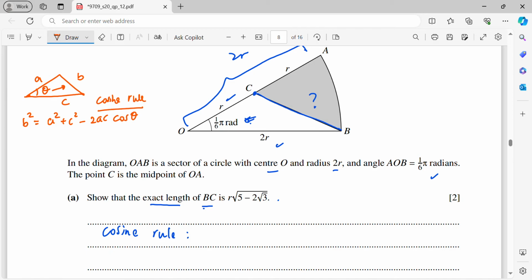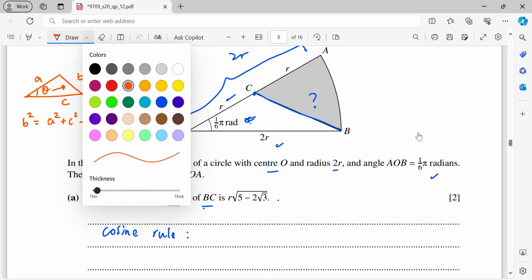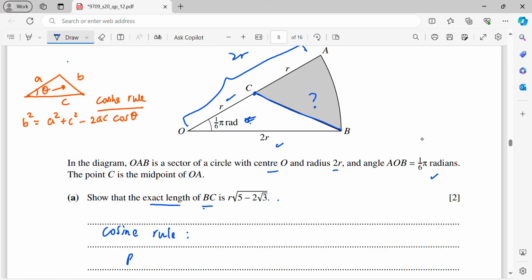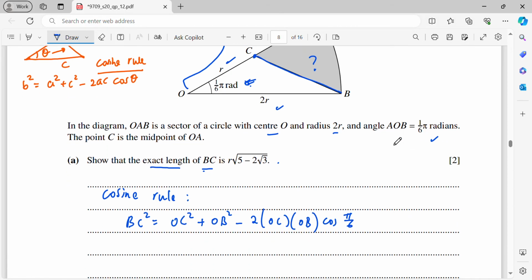Right? So that means here, I will just write BC squared equals to OC squared plus OB squared minus 2 of OC, OB cos pi over 6. Right? So now OC is R, so R squared, OB is 2R, so 2R squared, minus 2R times 2R cos pi over 6, which is basically square root 3 over 2.